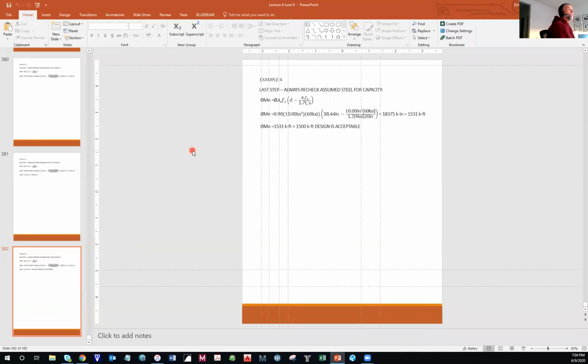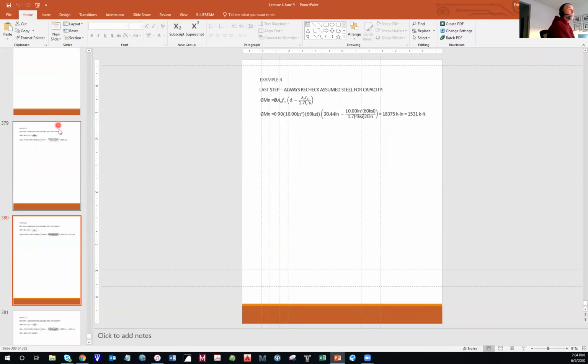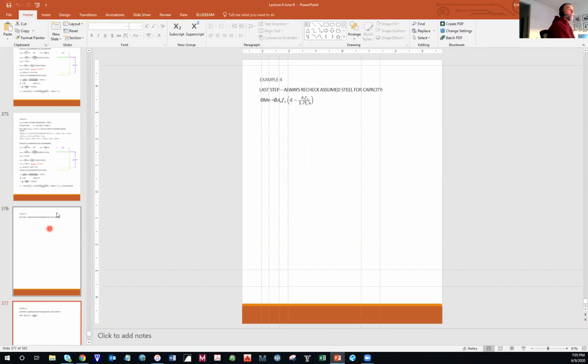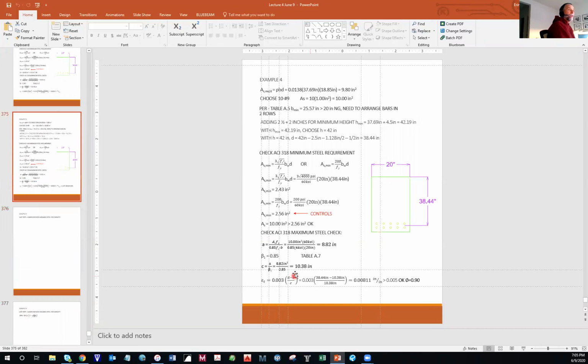If you're not up to speed on how I got little a or beta 1 or c, then pretty soon you're going to be lost on how I get to epsilon sub t. So I want to take the time to answer questions and make sure that you're on solid footing as we go from rectangular beams to T-beams to doubly reinforced and so on and so forth, okay?